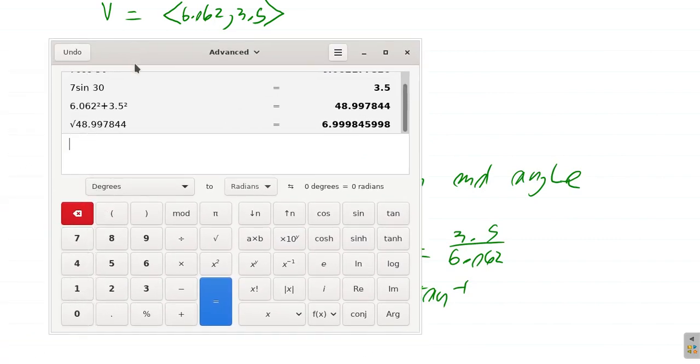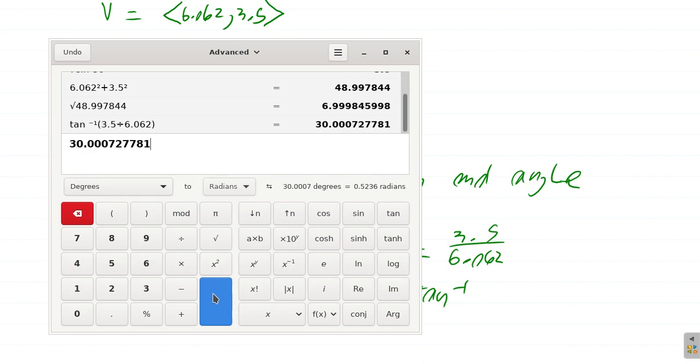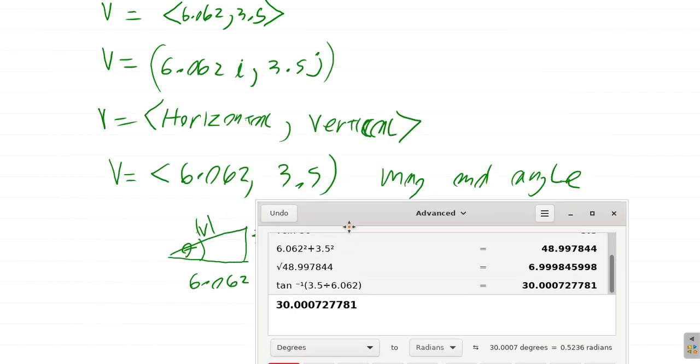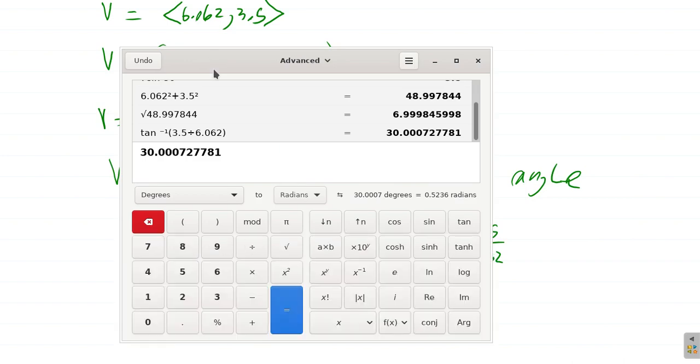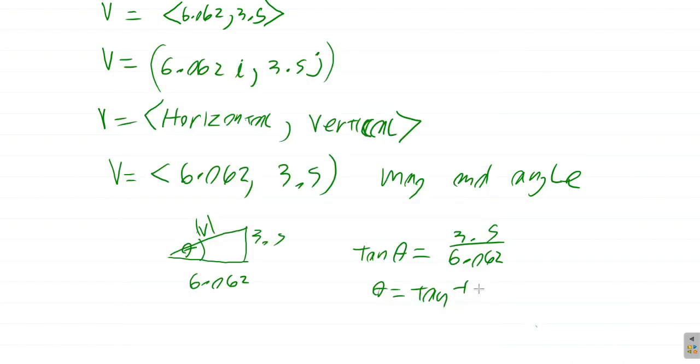So you say the tan inverse of open bracket 3.5 over 6.062 close bracket, equals, you get 30 degrees. So theta equals 30 degrees.